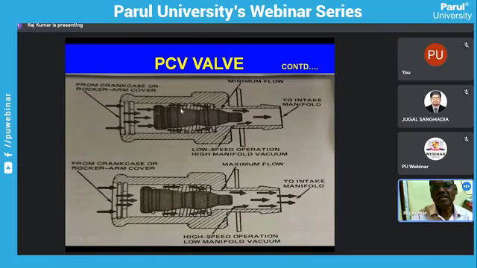So this is the position when the speed is low. When the speed is low, the valve is closed under the tension of the spring. It is not fully closed. Why? Because the vacuum is high.